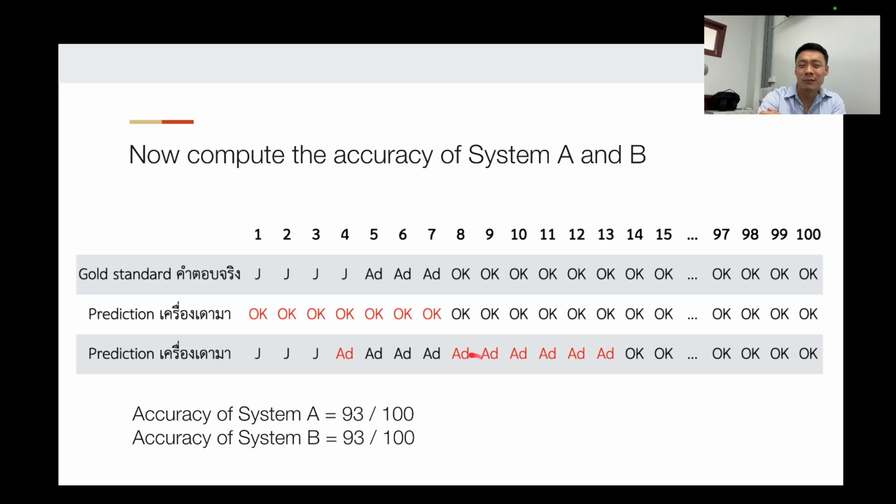It also misclassified some normal email as ads, because those can be quite similar as well. So what's the accuracy of the second system? 93. Which one do we prefer, A or B?